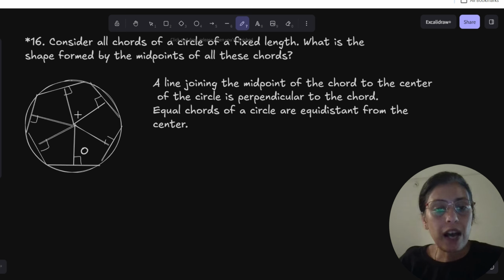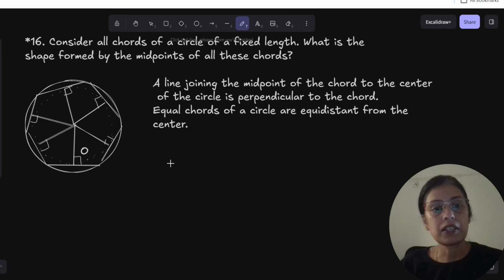So now if we have a given point O, and at a fixed distance, I start joining all these midpoints, what will I get? This is something that we had learned in the first video of circles when I introduced the circle chapter, right? When I gave the definition of the circle.